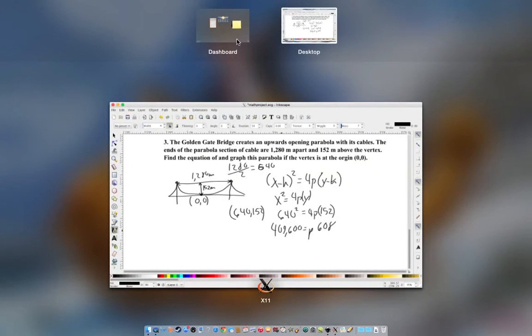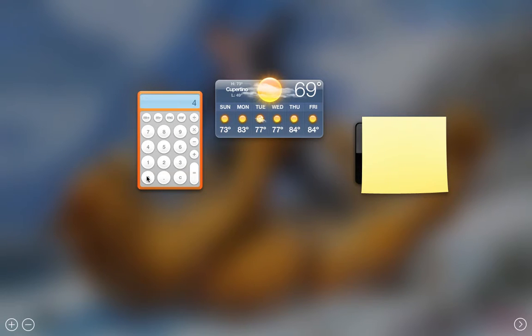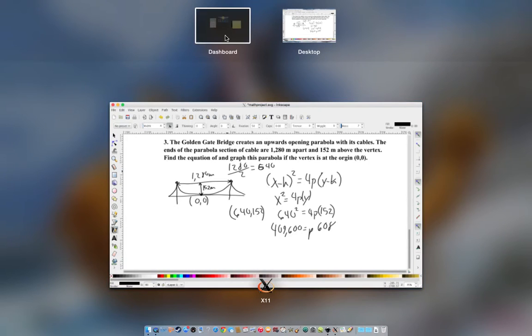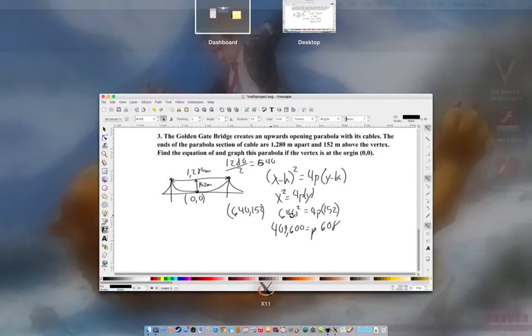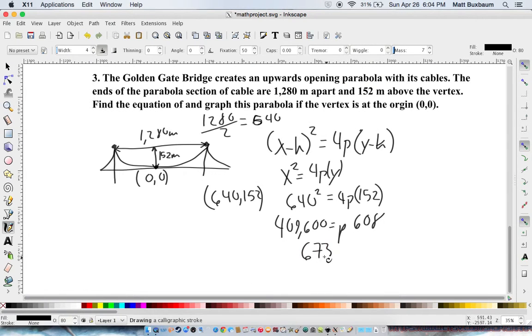So 409,600 divided by 608, and we get 673.68. So 673.68 equals p.